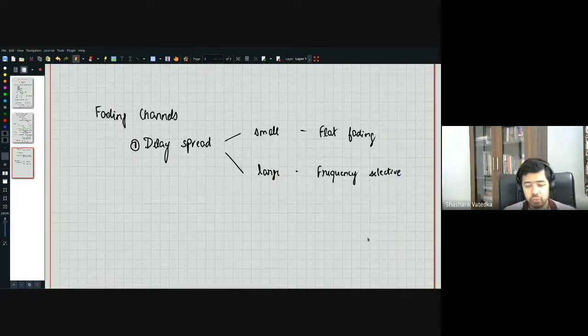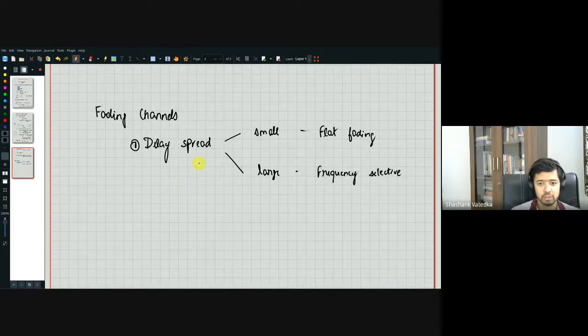Right? So let's see what kind of models these lead to. So if the delay spread is very small, then essentially whatever you transmit will be received after a certain delay, right? So let's assume that we have a discrete time model obtained after all sampling and ADC and everything at the receiver.